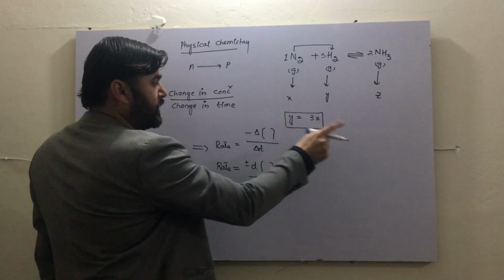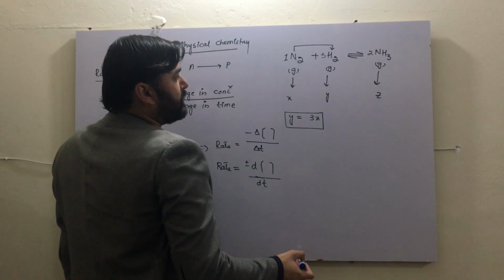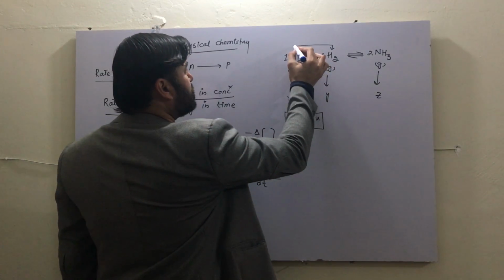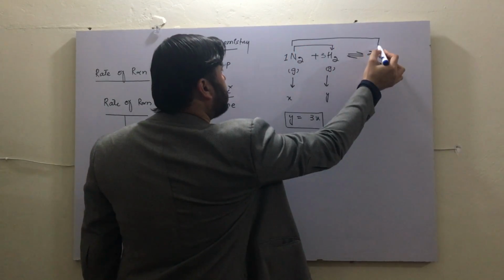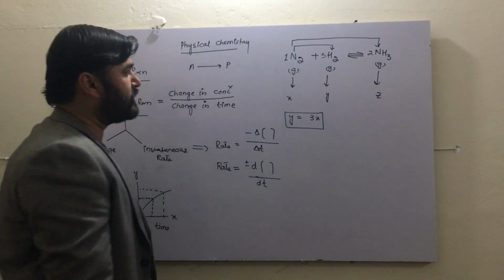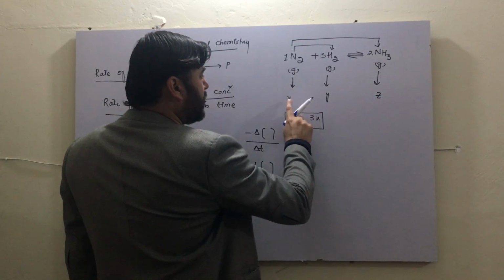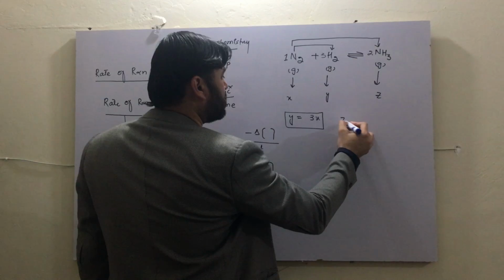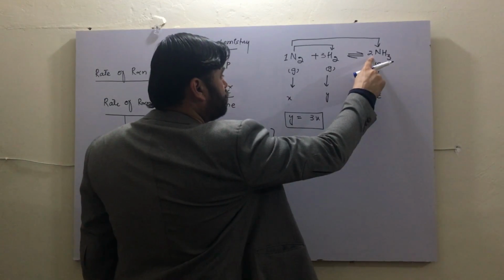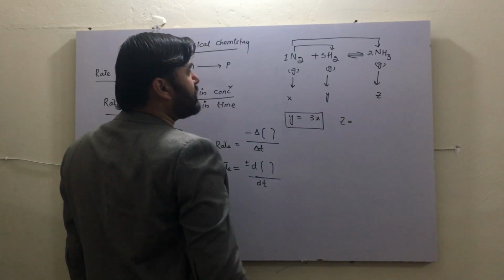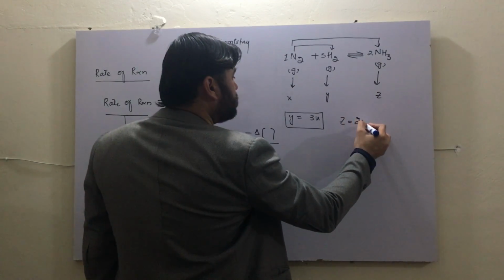Now if we compare nitrogen and ammonia, we are comparing Z and X. Z has coefficient 2 and nitrogen is 1, so Z is equal to 2x.